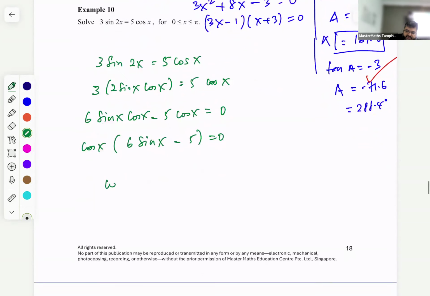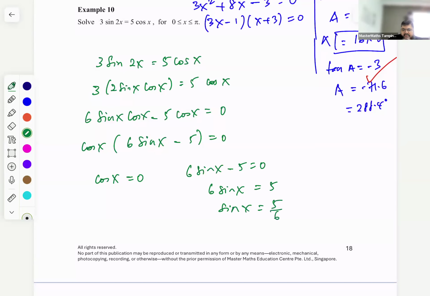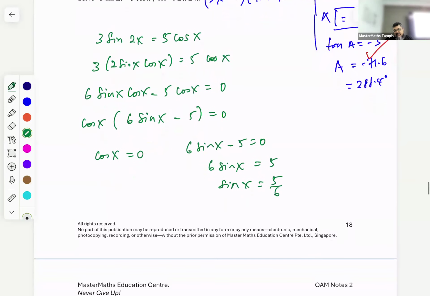Now you have cos x equal to 0, or 6 sine x minus 5 is equal to 0. You have 6 sine x is equal to 5, so sine x is equal to 5 over 6. Okay, can you give me the answers?